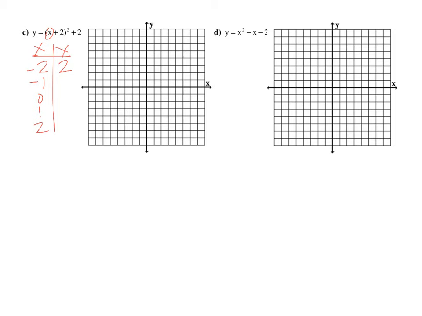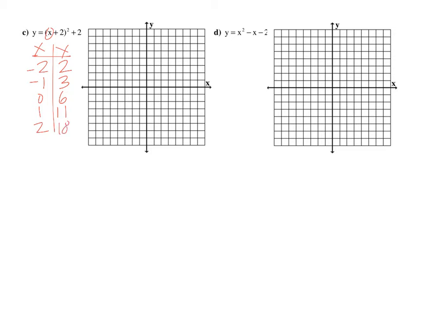Plug in -1, I get -1 plus 2, which is 1. 1 squared is 1, and then plus 2, that gives me 3. 0 plus 2 is 2. 2 squared is 4. 4 plus 2 is 6. 1 plus 2 is 3. 3 squared is 9. 9 plus 2 is 11. And now plugging 2 in here, I get 2 plus 2, which is 4. 4 squared is 16, plus 2 is 18.